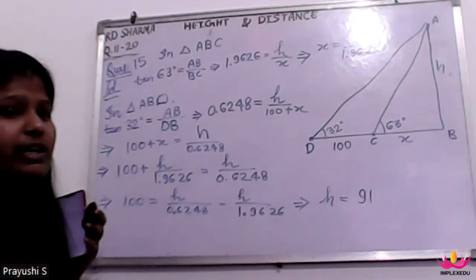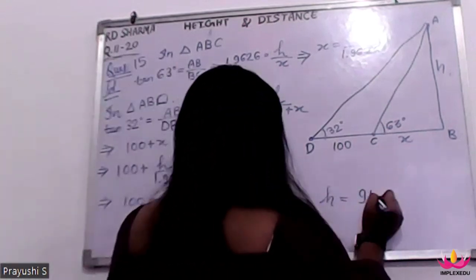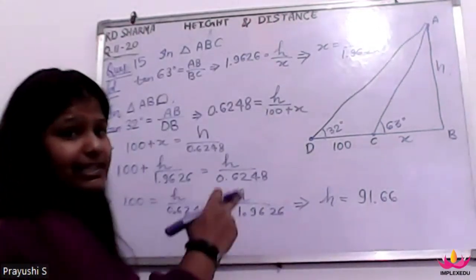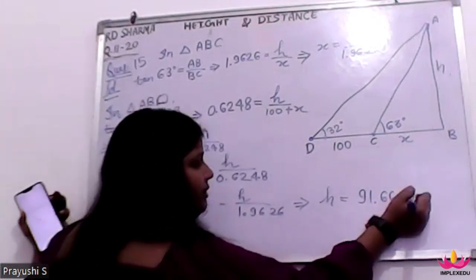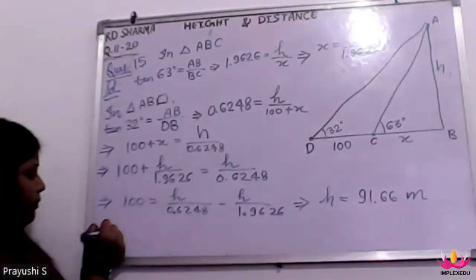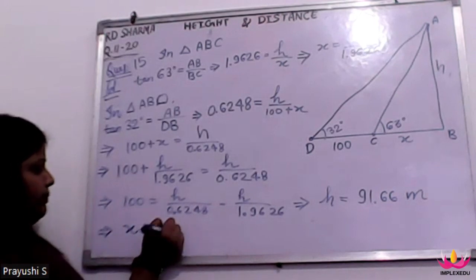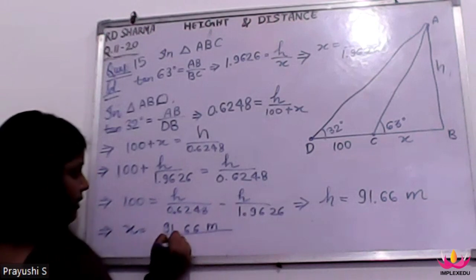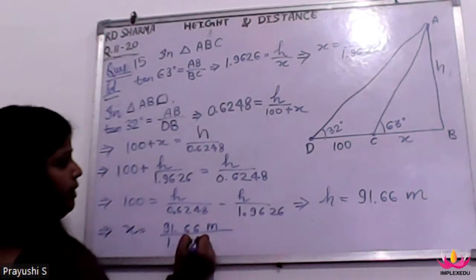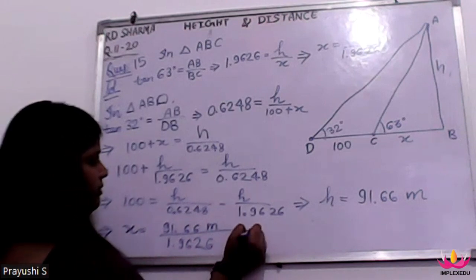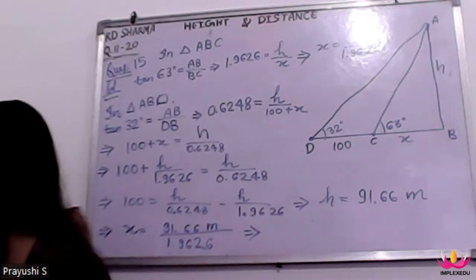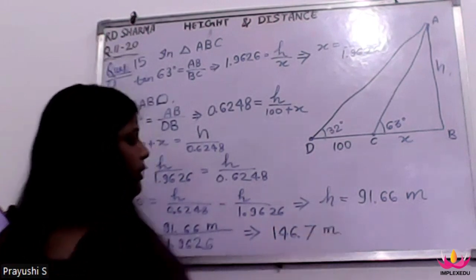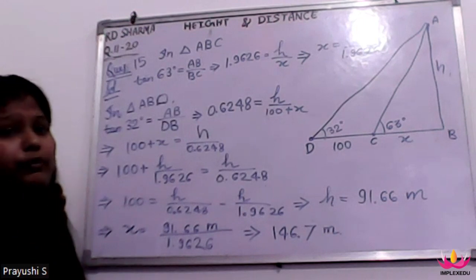So you can solve this equation and you will get H equal to 91.66 meters. Then we will have the value of X equal to 91.66 meters upon 1.9626, which will be equal to 146.7 meters.